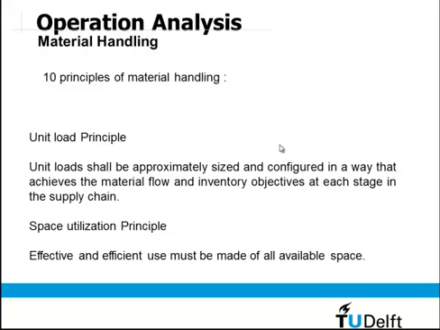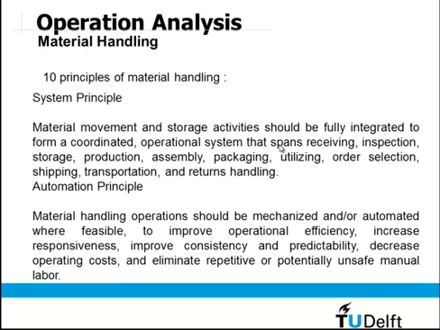Space utilization principle. Effective and efficient use must be made of all available space. Space should be used in an adequate manner. System principle. Material movement and storage activities should be fully integrated to form coordinated operational systems that span receiving, inspection, storage, production, assembly, packaging, unitizing, order selection, shipping, transportation, and returns handling.